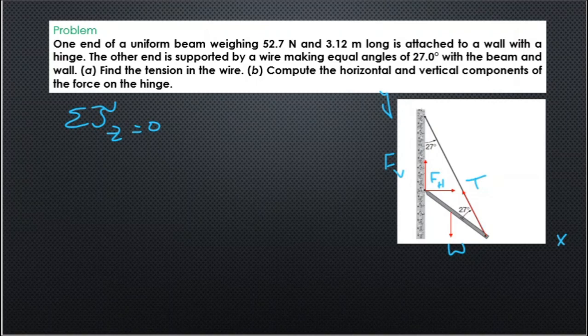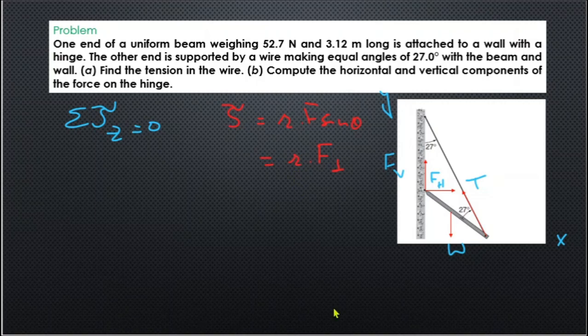Also, we know that the torque is equal to R times F sine of theta, or we can write that equation as R multiplied by the perpendicular component of the force, which is F perpendicular. Here R is the position vector.